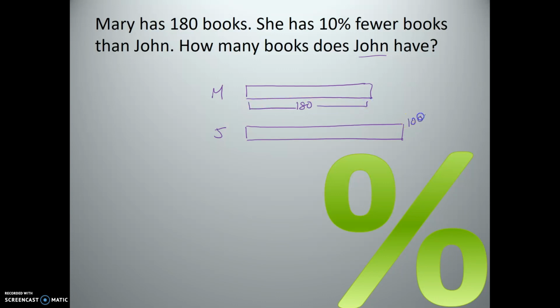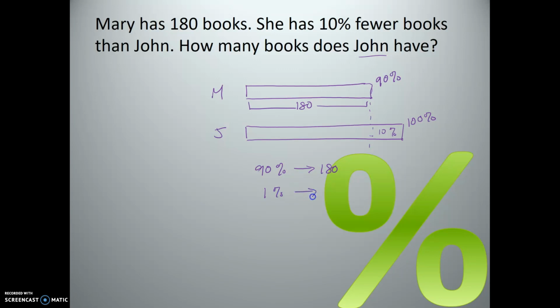John's going to have our 100%. That means that Mary has 90% because she has 10% fewer, remember? So 90% is going to be 180 books.